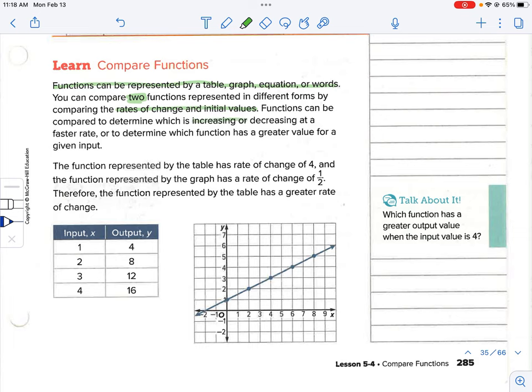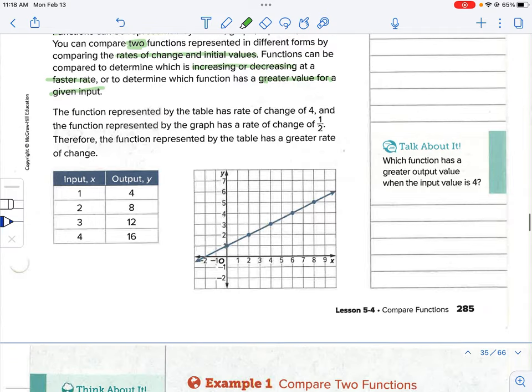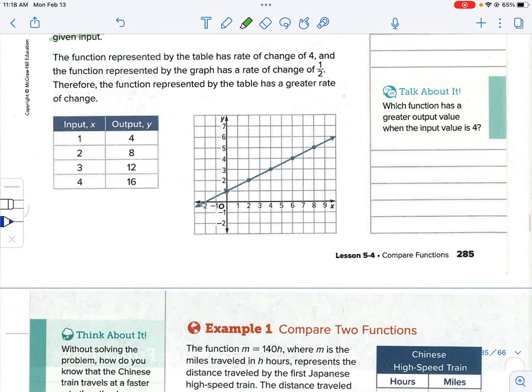We can talk about which ones are increasing and decreasing at a faster rate to determine which functions have a greater value for a given input. Okay, so here we have the function represented by the table has a rate of change of 4, and the function represented by the graph has a rate of change of 1/2.